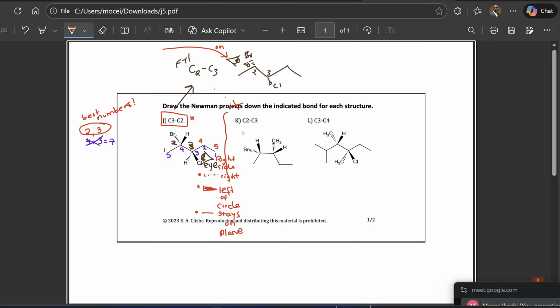When the eye is on the left, anything on the dash will be on the left of the circle. Anything on the wedge will be on the right of the circle. Anything on the plane stays on the plane. I give you 1 minute to write that rule. That is your lifesaver.